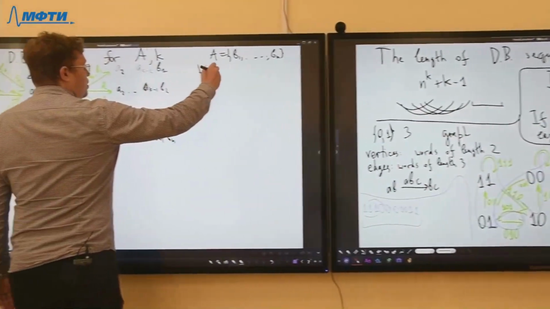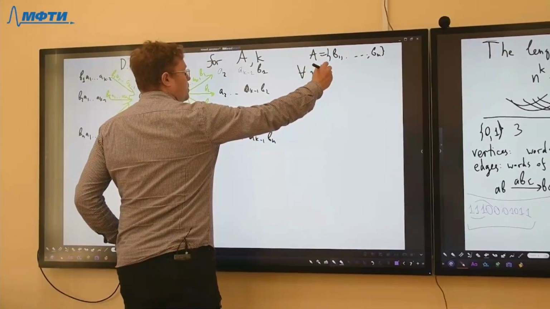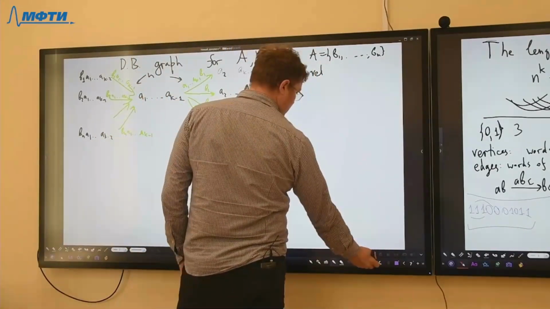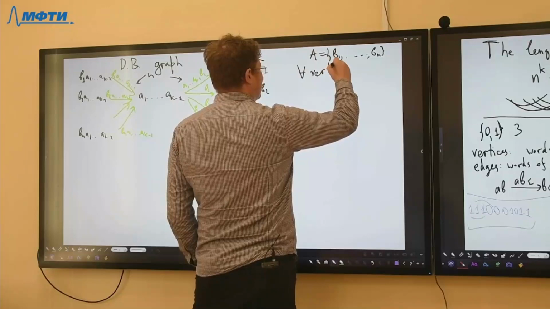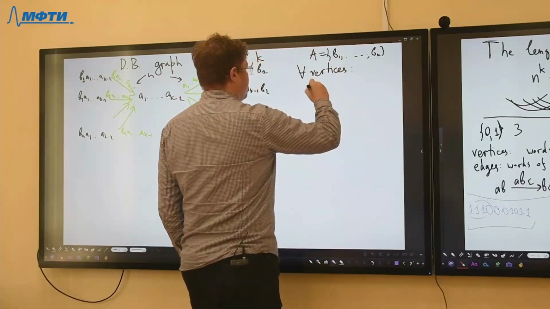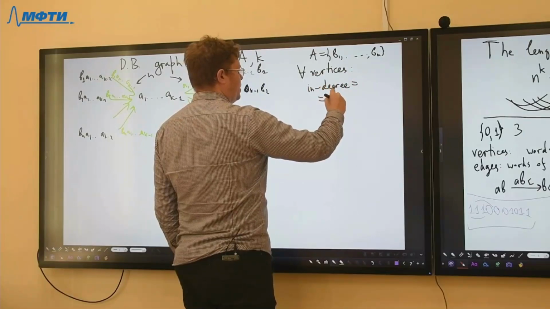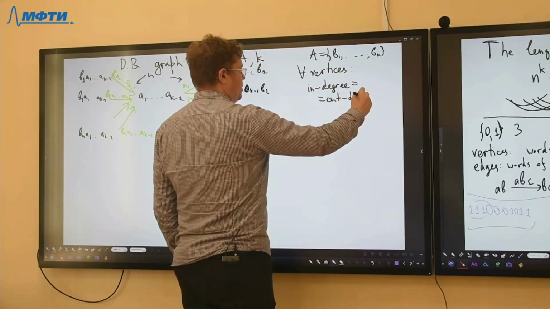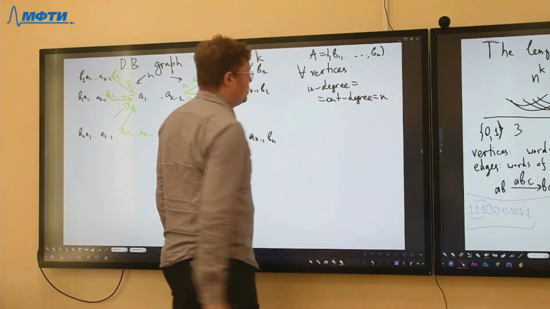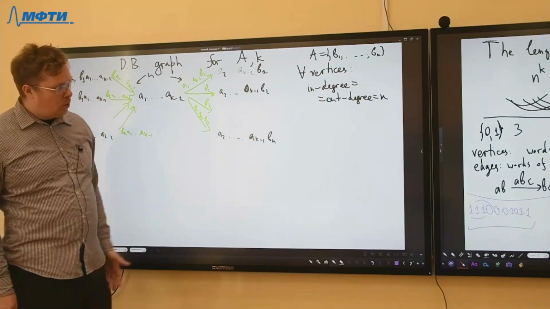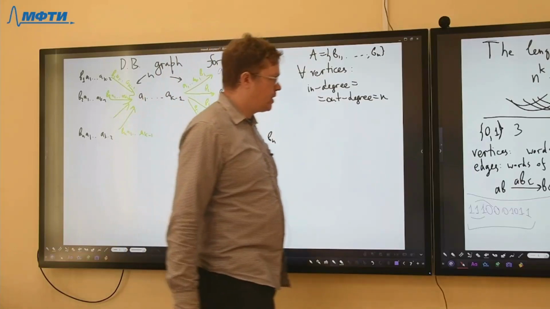So for all vertices we have in degree equal to out degree equal to n, and this means that there always exists a De Bruijn sequence.